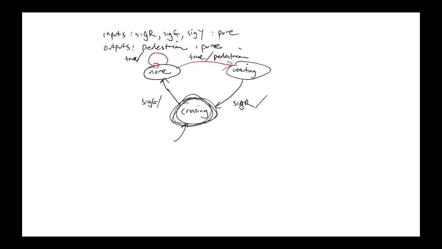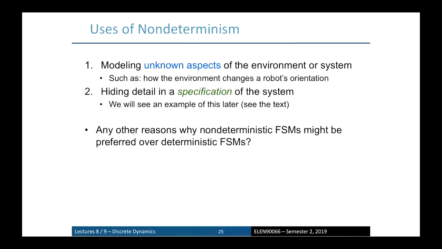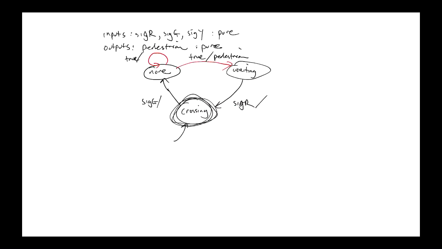Okay, so what we do with non-determinism is we are abstracting stuff. We are saying there exists a path to get from none to waiting that we don't know the conditions for, or we don't care so much, just that there can be a path to get there. It's like we've removed information from there, right?